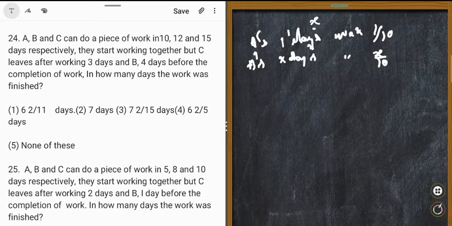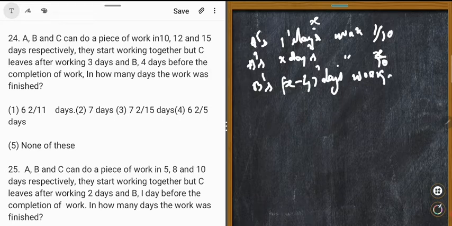Okay. Next, similarly, B did how many days? X minus 4 days. That means B's X minus 4 days work is equal to how many? B means X minus 4 upon 12.